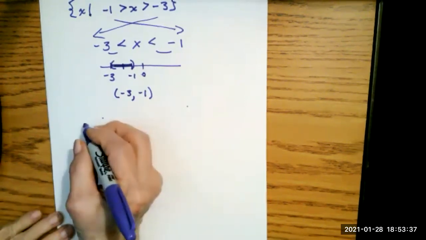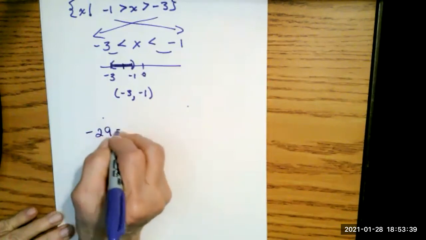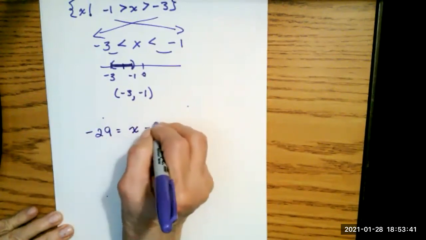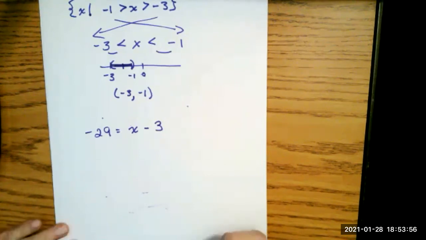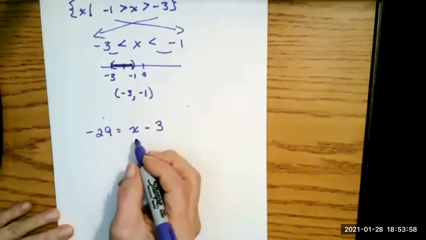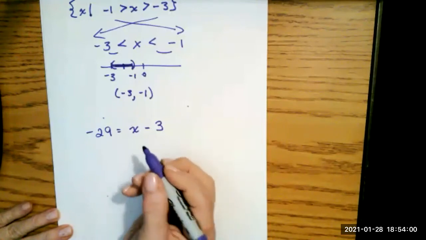Okay, this is one that a lot of people missed, and I think it was because the x was on the wrong side. See how the x is on the right side? That's a problem for a lot of people. So it's okay if it's an equation. It's not okay if it's an inequality. You want it to be on the left side if it's an inequality, and I'll show you how to move that in just a minute.